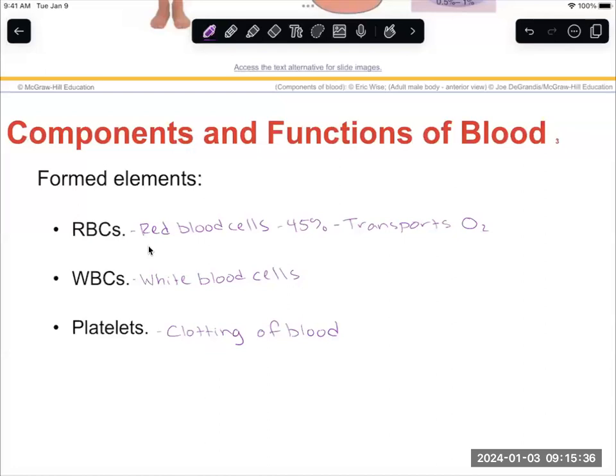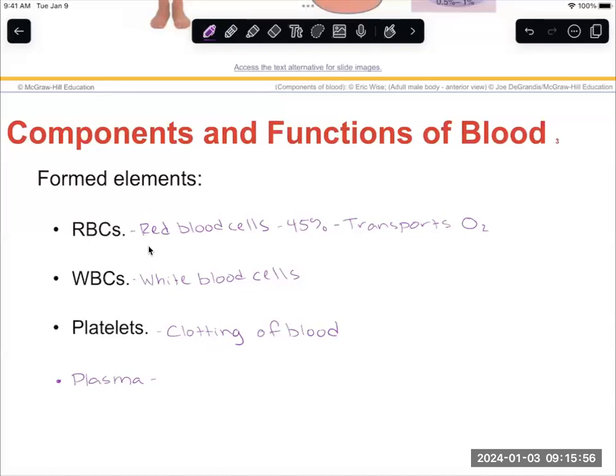Plasma. One more here for us. Plasma is a clear yellow liquid, contains different proteins: albumin, globulin, fibrinogen.